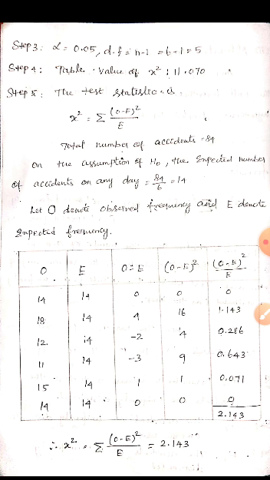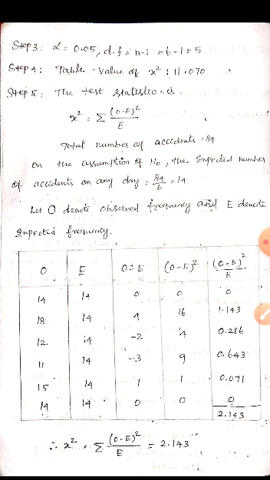Let O denote the observed frequency and E the expected frequency. The observed frequencies are 14, 18, 12, 11, 15, 14, and the expected frequency, from the mean, is 14 for all the data.